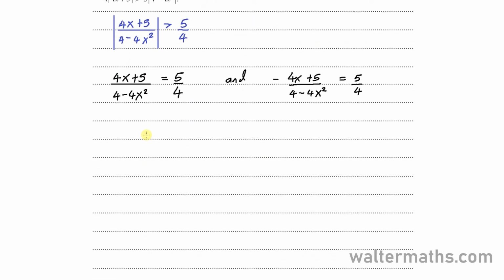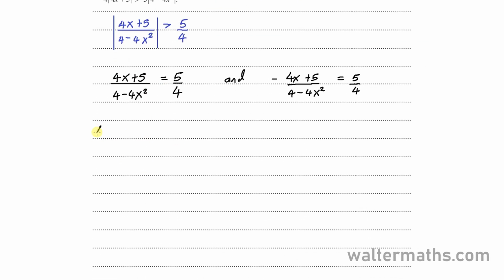So we'll be having here, cross multiplying, 4 of (4x plus 5) is equal to 5 of (4 minus 4x squared). So that's 16x plus 20, and that's equal to 20 minus 20x squared.